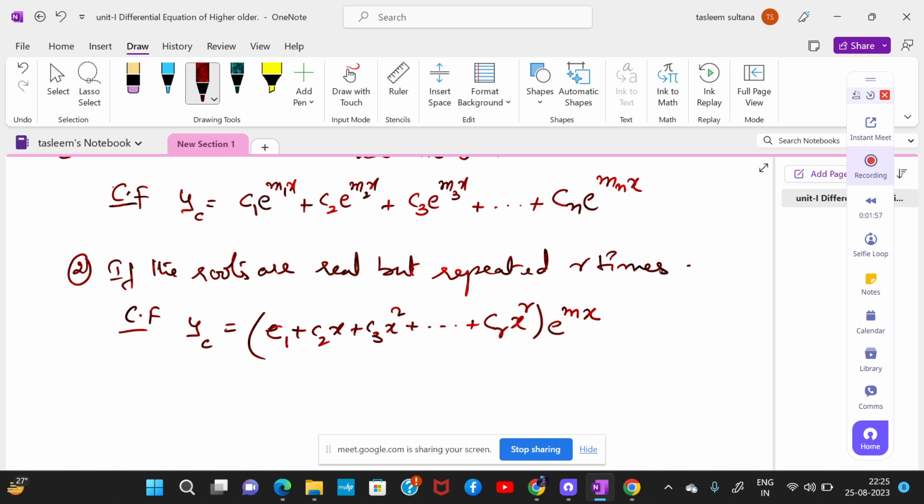If the roots are repeating, then you're going to write your complementary function in this way.